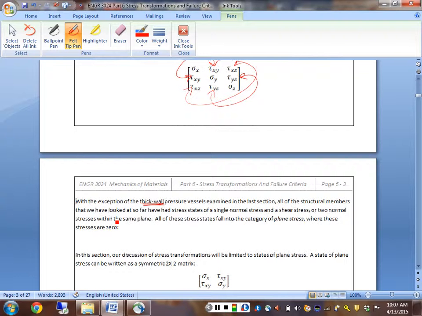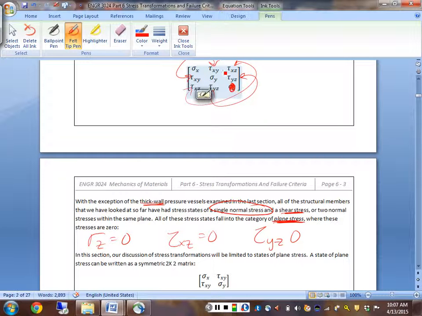But we mostly have one normal stress, one sigma, and one shear stress, or a sigma x and a sigma y. That situation where the rest of them are zero is a very important case that we call plane stress. And basically that's saying that our sigma z is 0, our tau xz is 0, and our tau yx is 0.